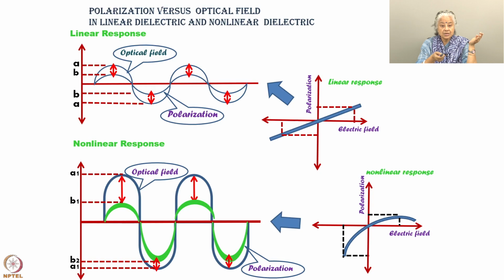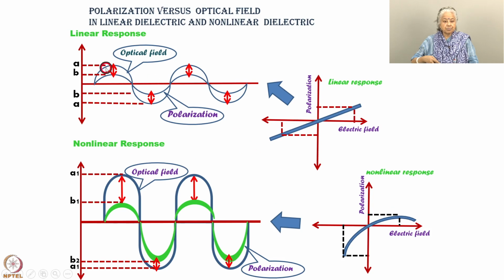Okay. So, here I have shown, so that you again understand what polarization versus optical field means in a linear dielectric and a nonlinear dielectric. So, this part and this part correspond to the linear response of the dielectric or medium, crystal, glass or whatever, and this part is a non-linear response.